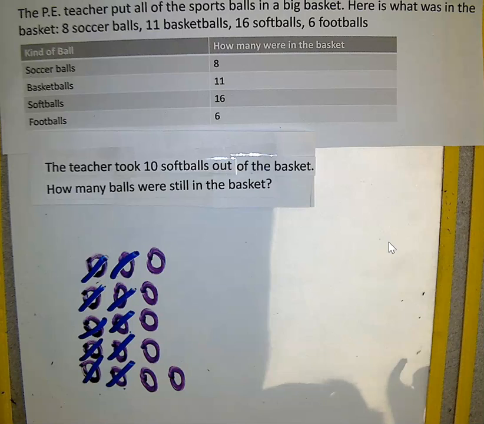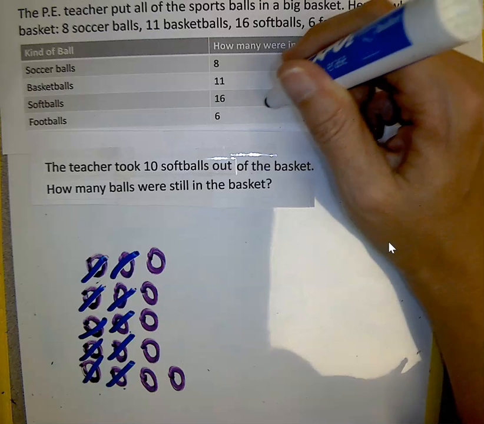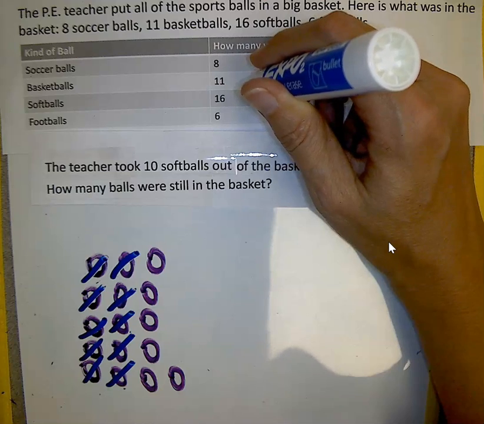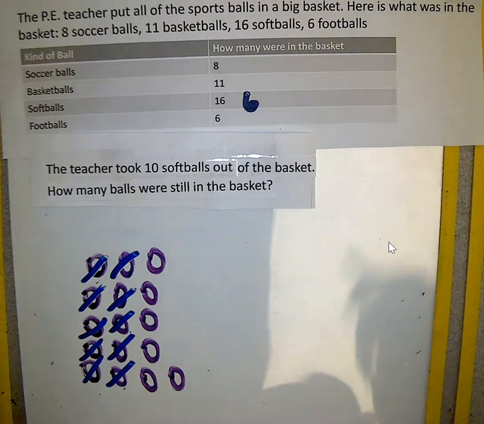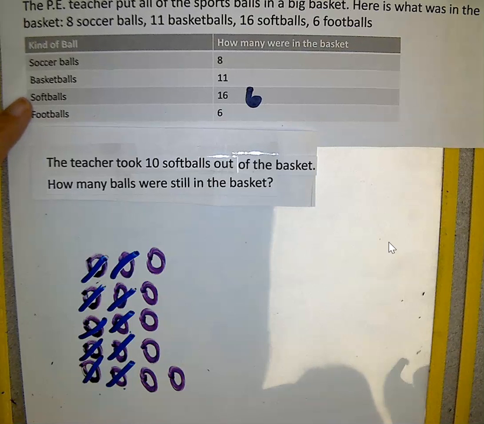So now they don't have 16 in there because the teacher took 10 of them out. So now they have 6 here instead of 16. So now I have 8 soccer balls, 11 basketballs, 6 softballs, and 6 footballs. How many balls are still in that basket? So let's see.